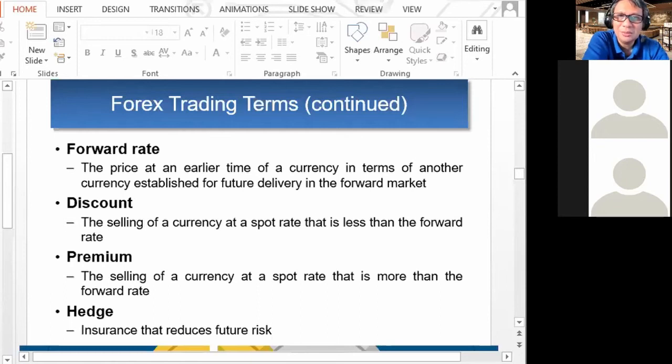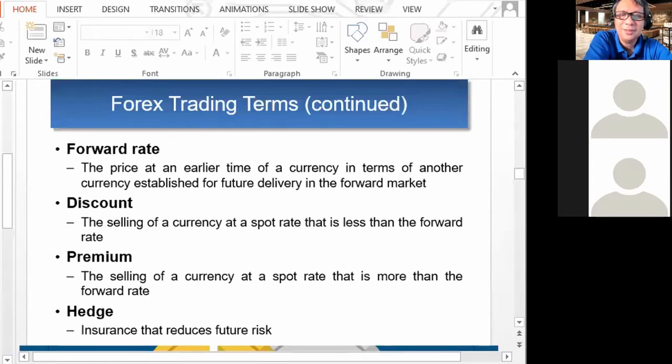Para madaling matandaan: pag discount, our currency depreciates in the future. Pag premium, our currency appreciates in the future. Yun ang pagkakaiba ng discount rate at saka premium rate. Yung premium rate, sometimes they also call this forward premium rate.